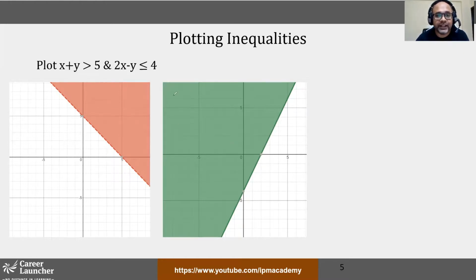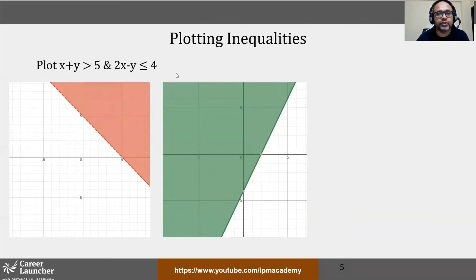Now if you notice here, the line has equal to also. Hence it is a solid line, whereas here it was a dotted line. Right? So that's the difference. Solid line is included. The border is included. Here in the first case, x plus y greater than 5, the border or the line is not included.